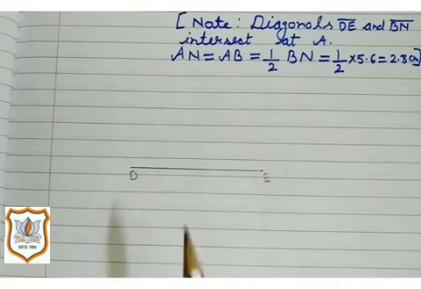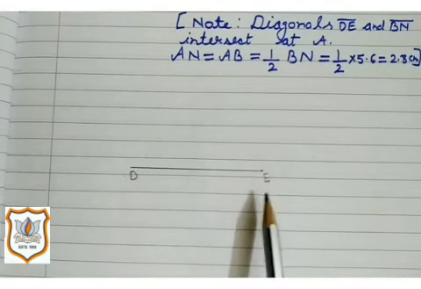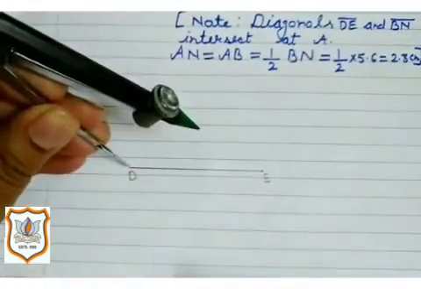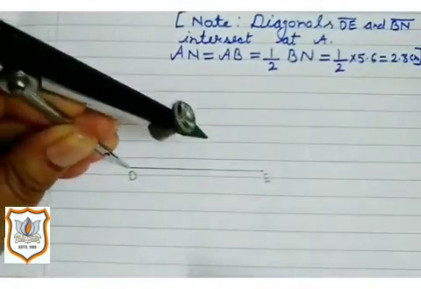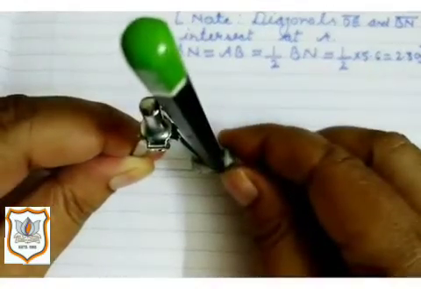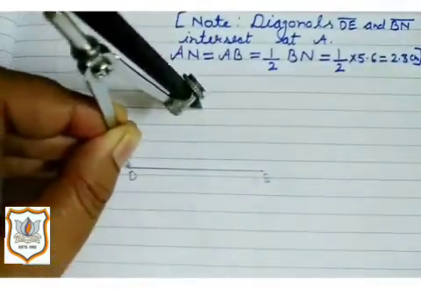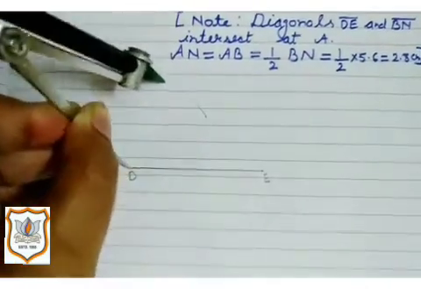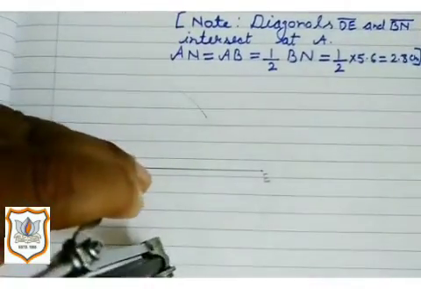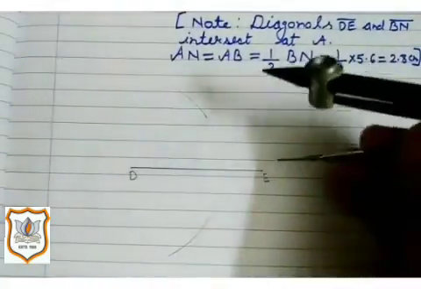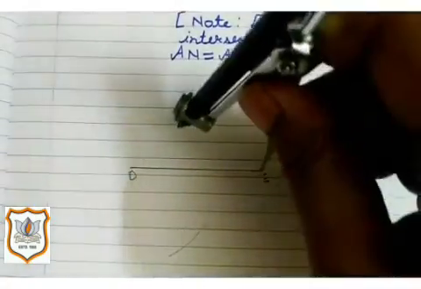So we will take D and E as centers and radius more than half of DE in compass. Students, you can see we will take a radius more than half. Clear? Now we will draw arc both sides. Now we will take E as a center and we draw arc both sides.